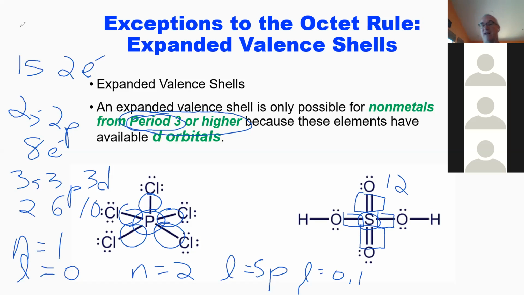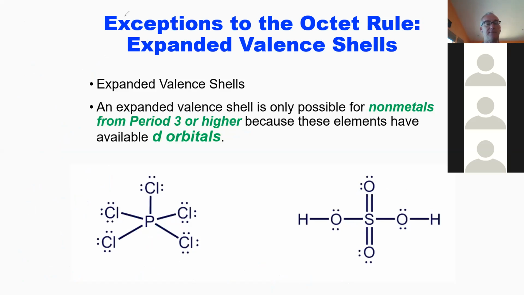And sulfur does that a lot. So if you get a test and you're making these Lewis structures and you see phosphorus or sulfur there, you know there's going to be something tricky, because a lot of times sulfur will have 12 electrons and phosphorus will have 10.